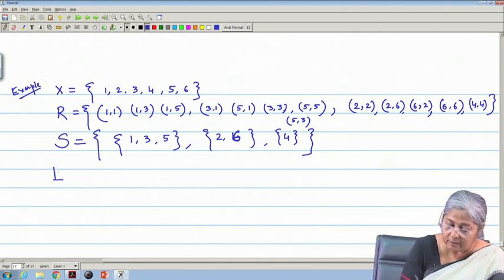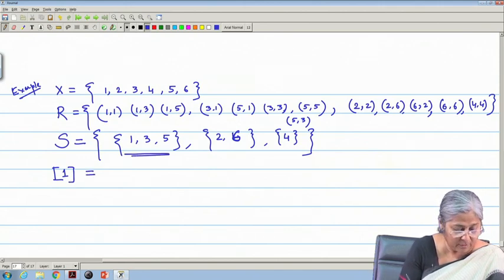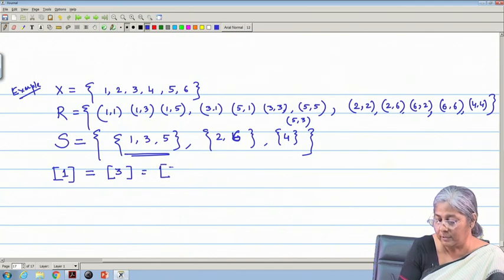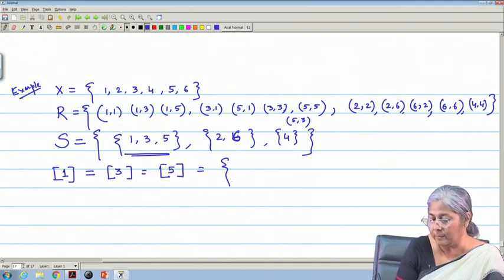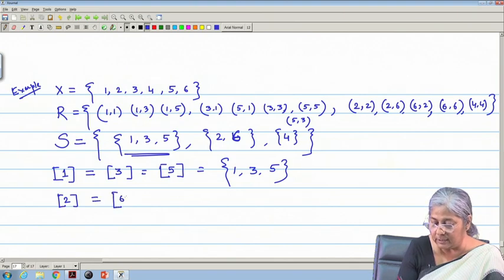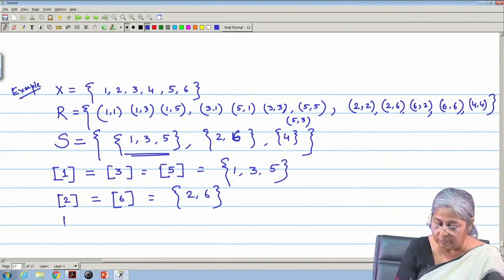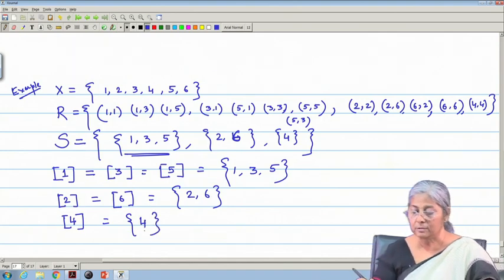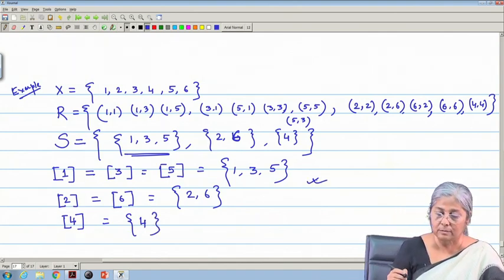Then I can write the box, since these are my related elements 1, 3, 5. So, I can tell [1], this can be related as [5], the equivalence class, and they are actually 1, 3, 5. Similarly, my equivalence class [2] or [6] can be only 2 elements, 2 and 6, and for 4 only 4 is there. So, this is one example of equivalence class.